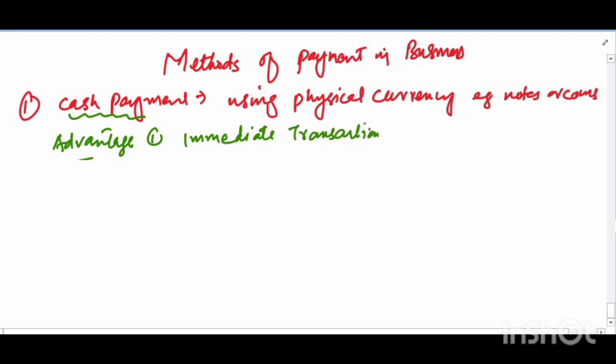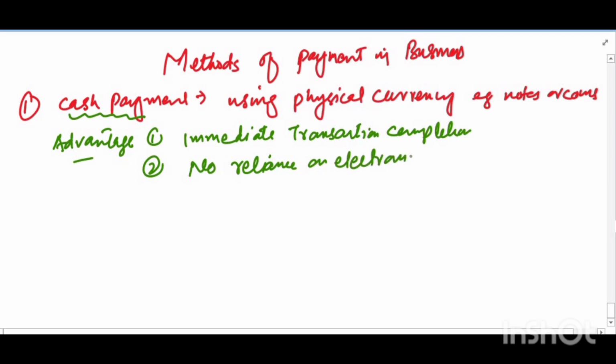This is the first advantage of cash payment. The second one is there is no reliance on an electronic system, like that of debit cards and credit cards.